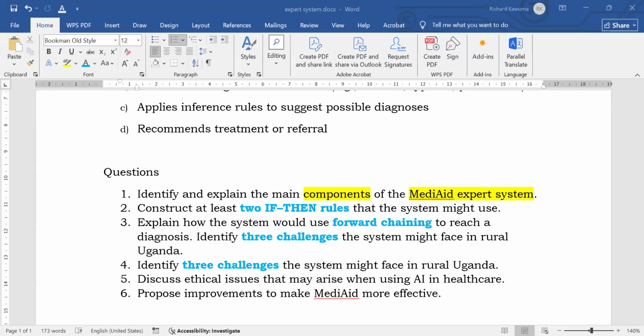The knowledge base is the part that contains the facts and the rules about the disease. And in the knowledge base, it is where the medical data is transformed into the format the computer can understand.